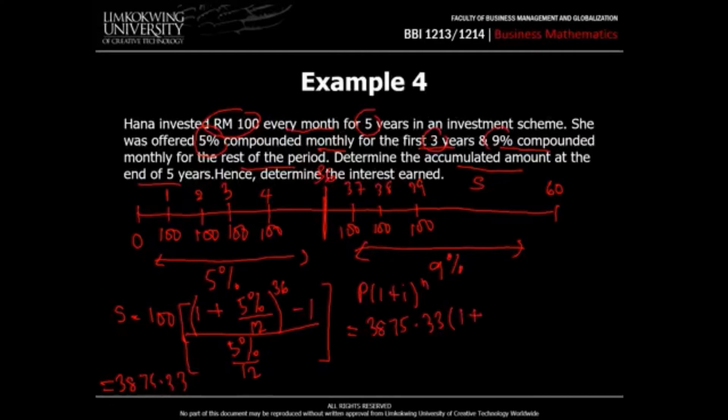What is the interest? 9% divided by how long? Compounded monthly, divided by 12. For how long? After 3 years, 24 months. Okay, now press the calculator again. What is the answer?